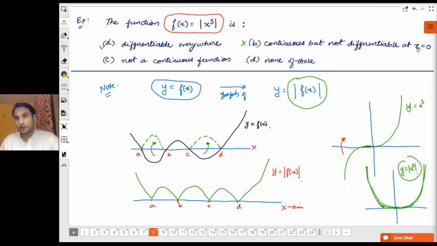Continuous but not differentiable at x equal to 0? No. At x equal to 0, it is differentiable. If I want to make a tangent, yes, there will be a tangent and its slope will be 0. So it is differentiable at x equal to 0 as well, because there is no sharp corner, and it is also a continuous function. So your answer is A, differentiable everywhere. Got it?